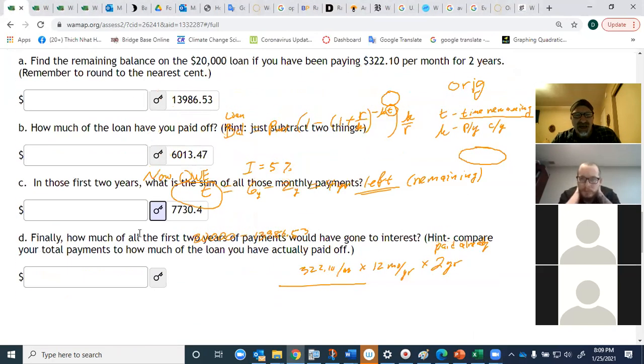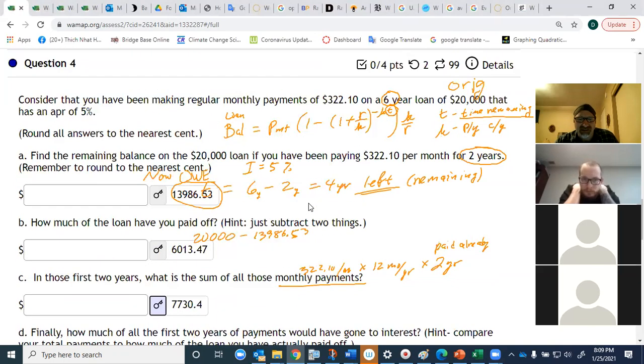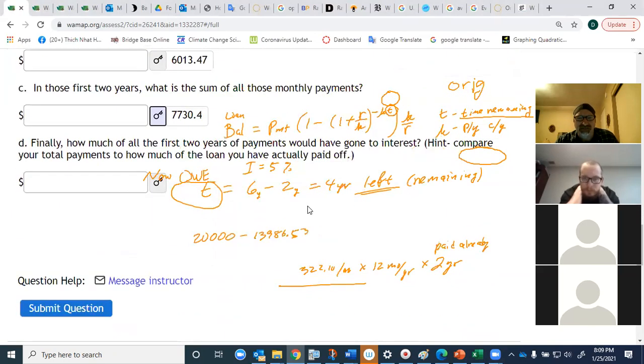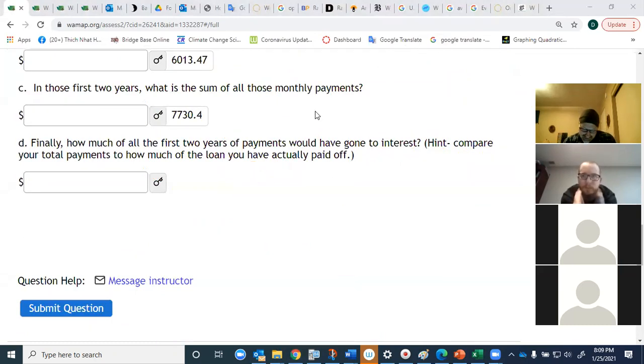So it says, how much of all the first 2 years of payments would have gone to interest? Well, you're going to subtract the 7730 minus the 6,013.47. So this is what you paid already.